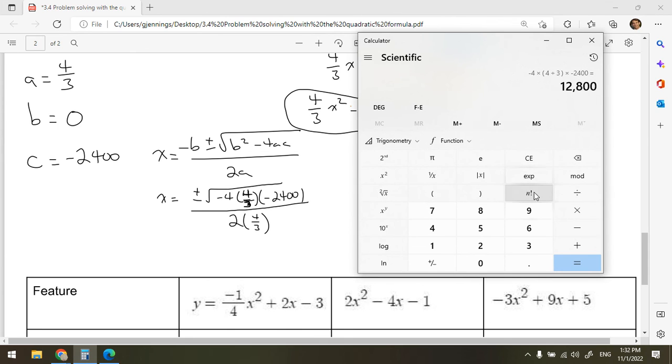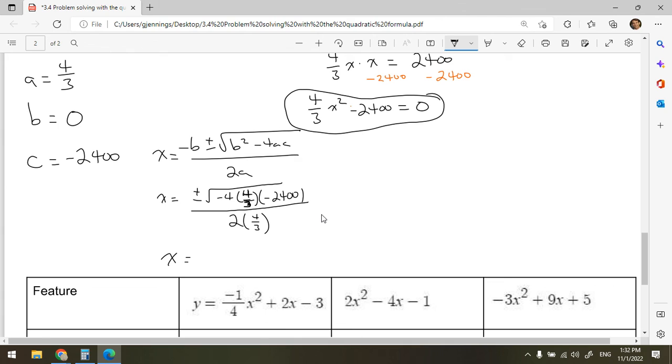Take the square root of that, divide that by 2, and divide that by 4 divided by 3, equals 42.42. So x is equal to 42.4 meters.